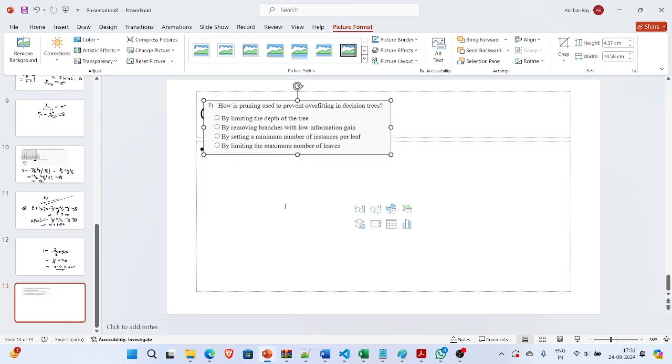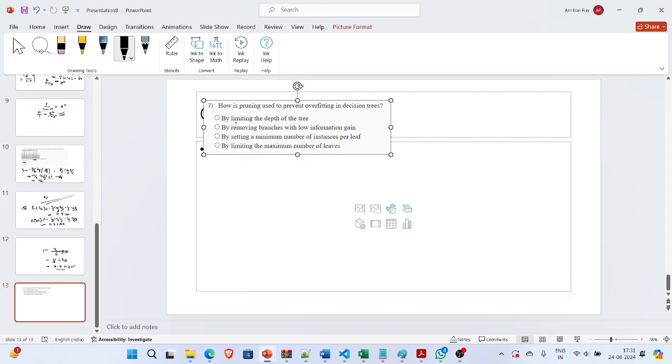We were removing, means we were adding branches with the highest information gain, so we will not add branches with low information gain. That is how our answer is option B. Very simple, right? Limiting the depth is correct, but it is not exact to the point. Others are wrong, absolutely wrong.